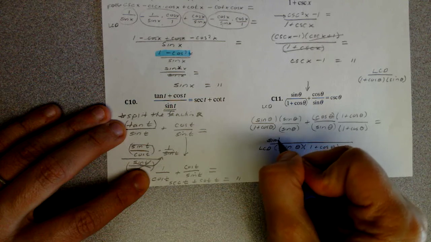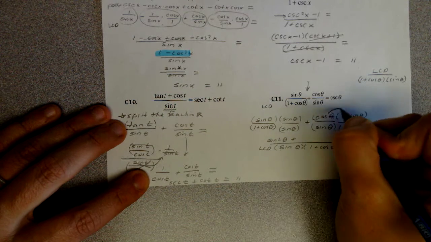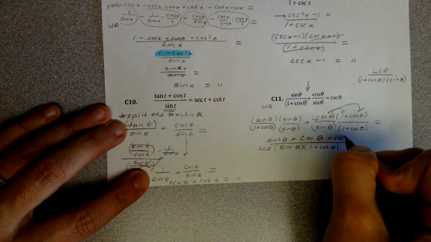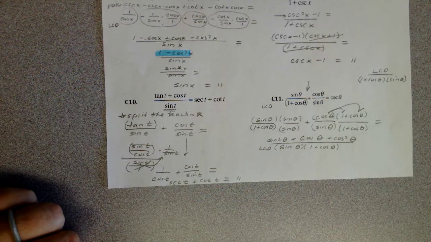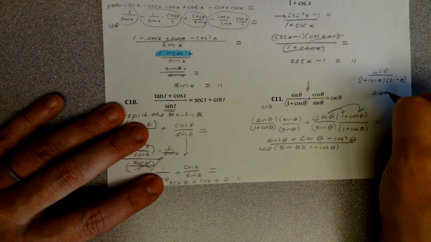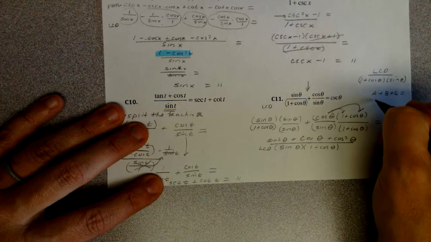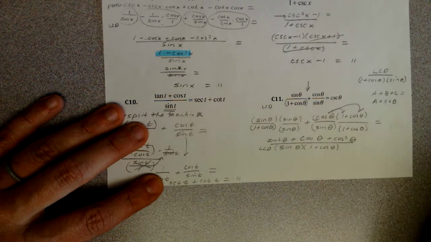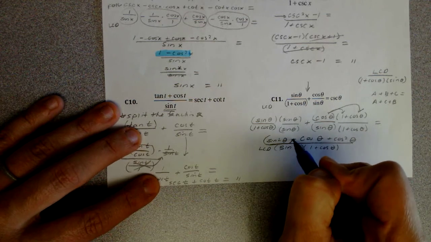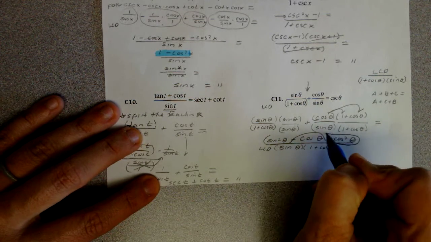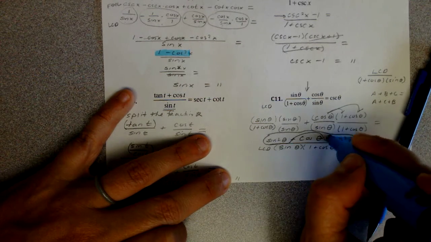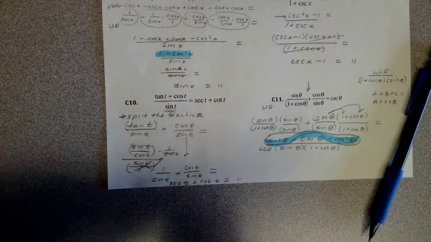Up top, I have a sine squared theta plus, now I'm going to distribute here and here, cosine theta plus cosine squared theta. Now, if you remember in addition, A plus B plus C is the same thing as A plus C plus B. So I can rearrange this and say, look, I have a sine squared plus a cosine squared, which is an example of a Pythagorean identity.